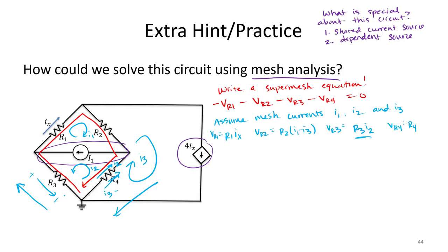Since we're walking up, this will be treated as a voltage gain, and it will be, in this case, I3 plus I2. So we need to be careful of those current directions.